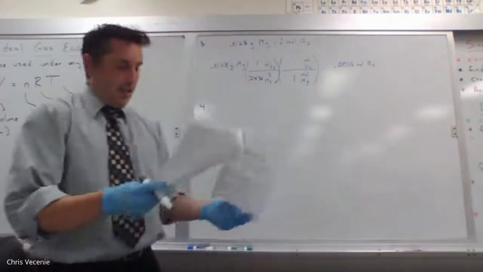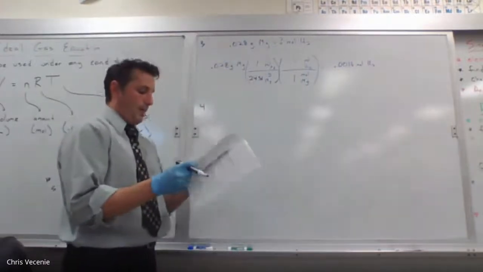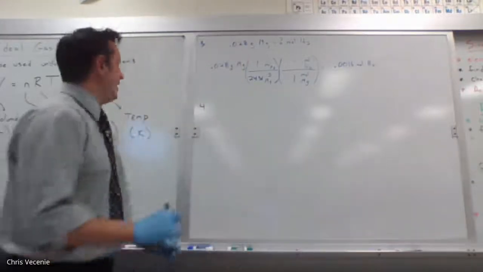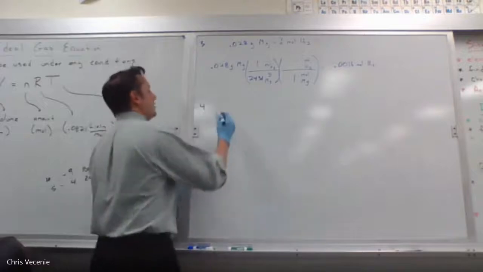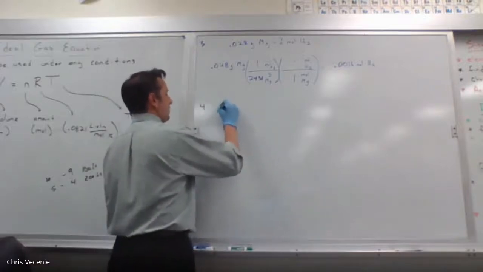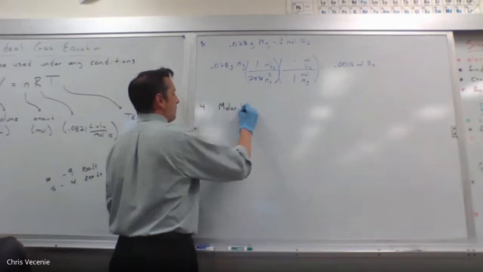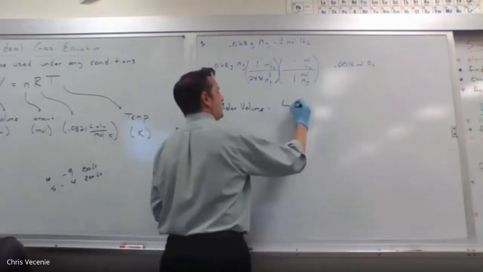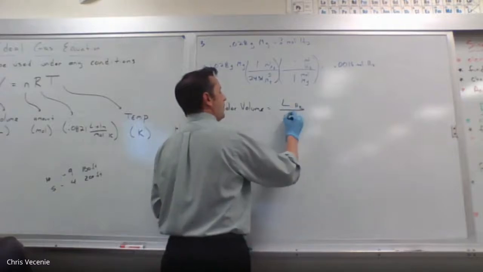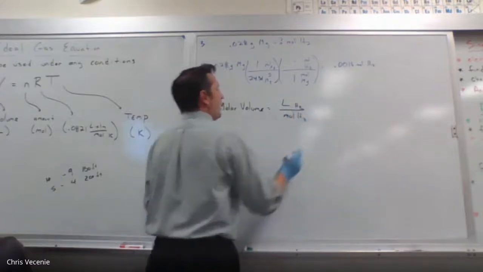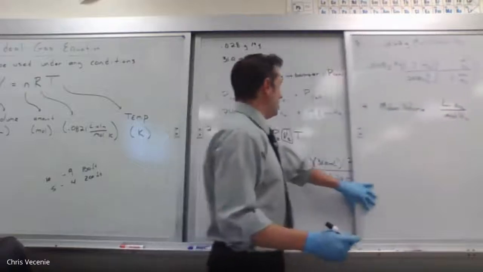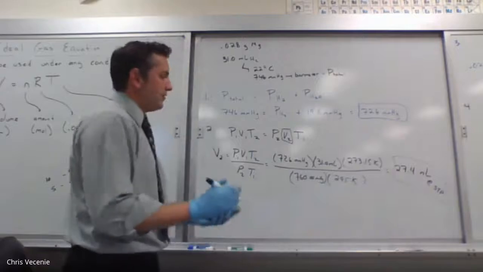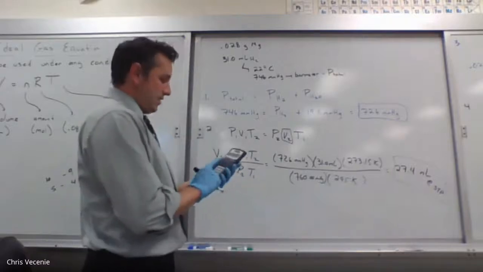It says, divide the corrected volume by the theoretical number of moles to get the molar volume in liters per mole. All right, so if we're going to get this molar volume, we need liters of H2. We need moles of H2. All right, from back here, we had our volume, but it's in milliliters. So don't forget you have to divide that by 1,000 to make it liters.